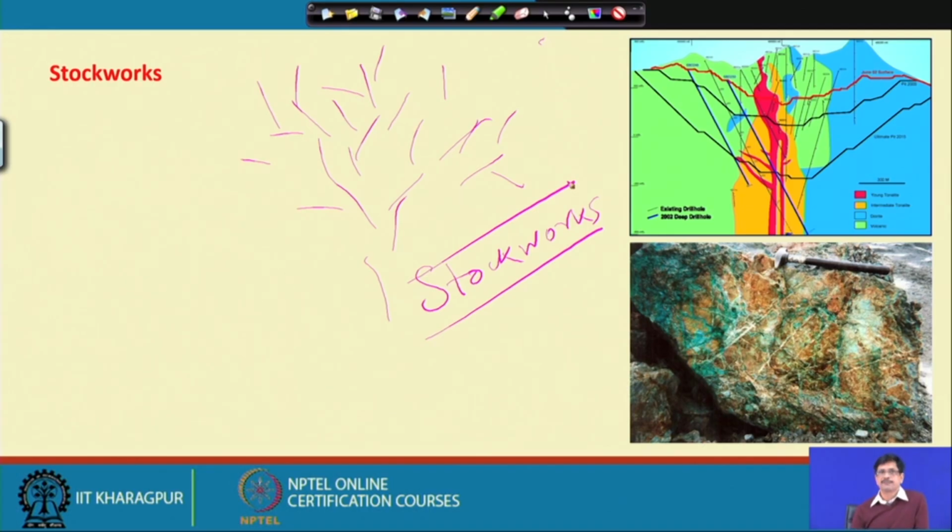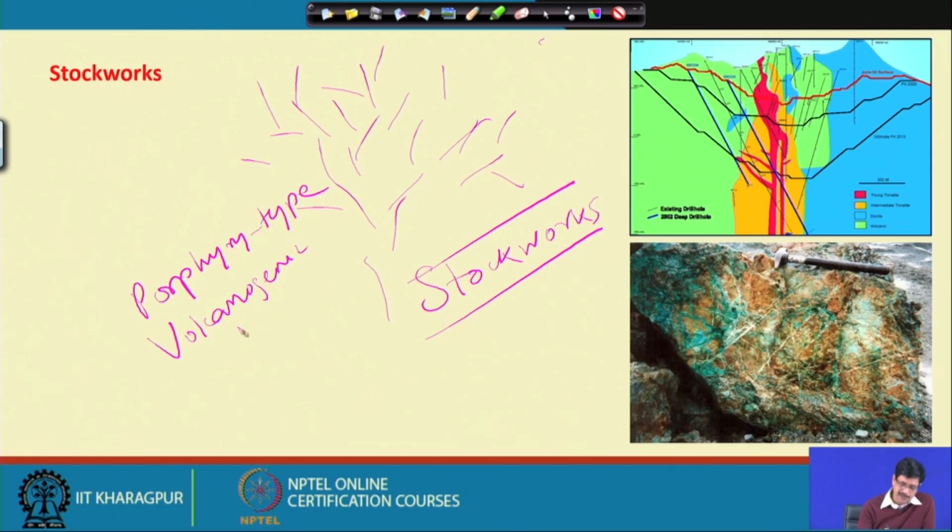Such stockworks are very common in many types of mineral deposits, especially the porphyry type copper deposits, sometimes in volcanogenic massive sulfide deposits, and also some brittle deformation zones in the crust wherever there has been evidence of fracturing due to fluid or hydrofracturing. We generally see such stockworks generated.